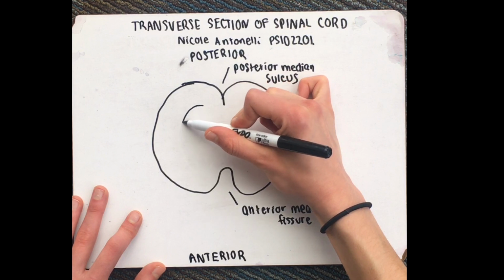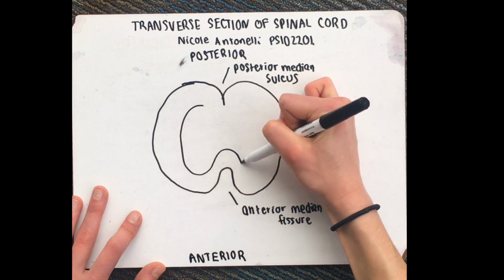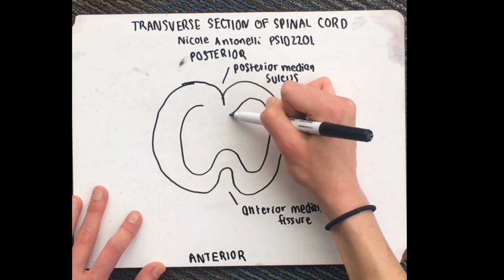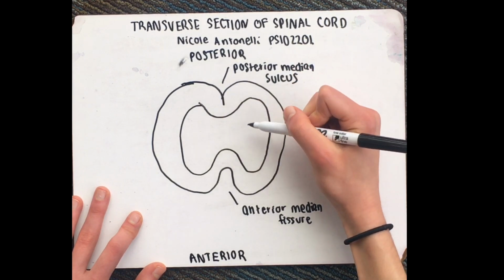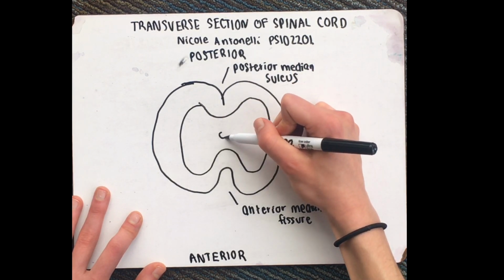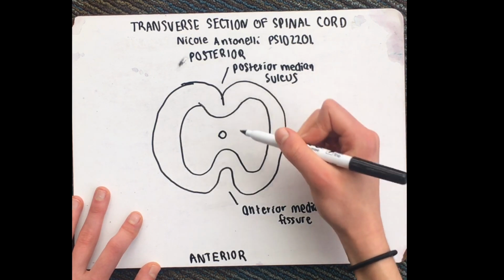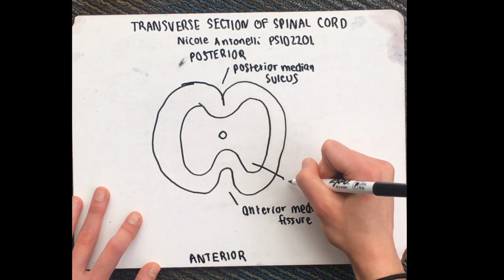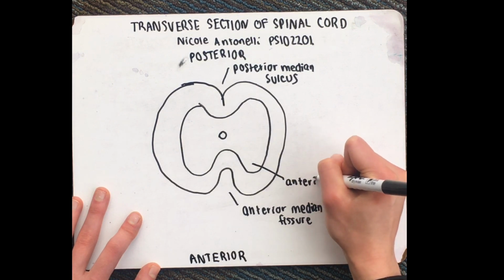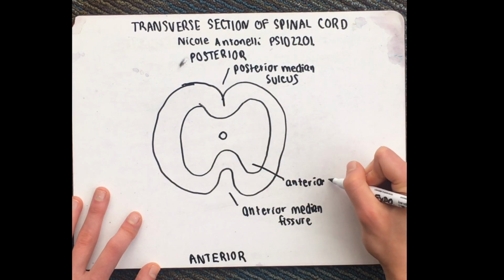Next, I'm going to draw the gray matter, and it's kind of butterflied or H-shaped, and it consists of nerve cell bodies and dendrites. It has 3 horns. The anterior ventral gray horn contains somatic motor neuron cell bodies.